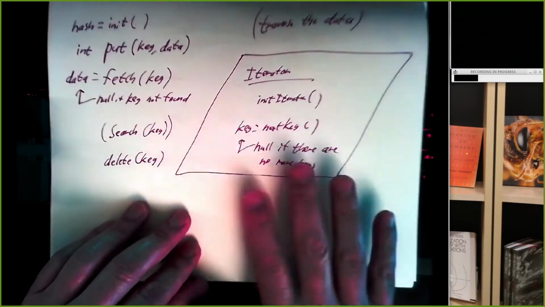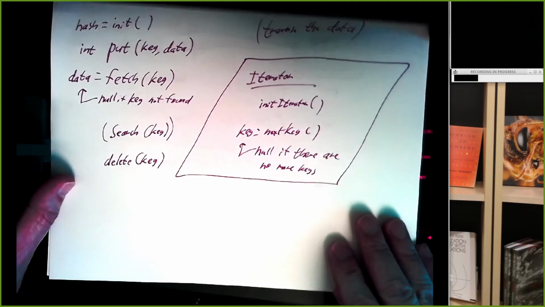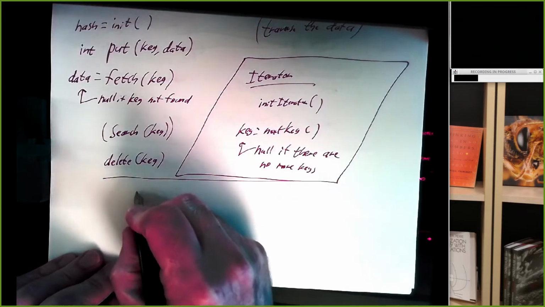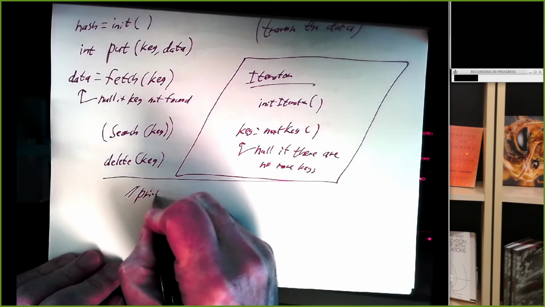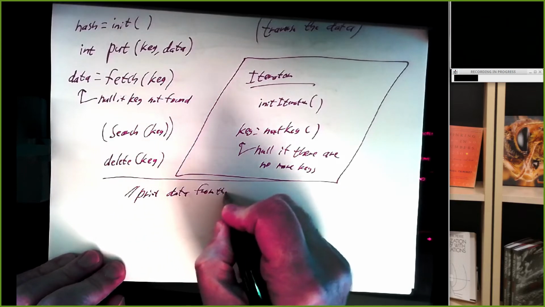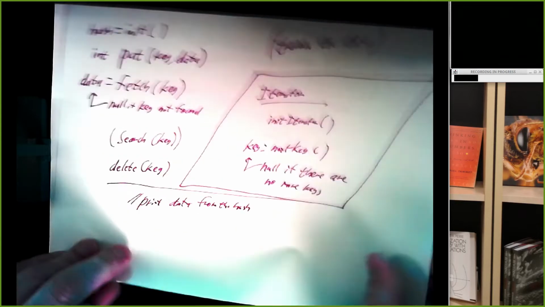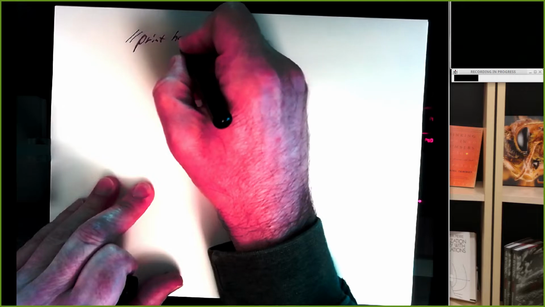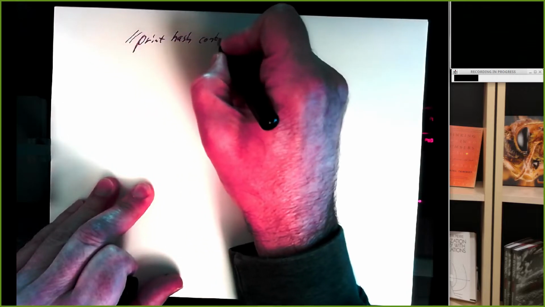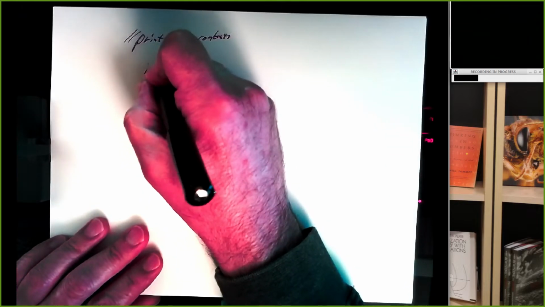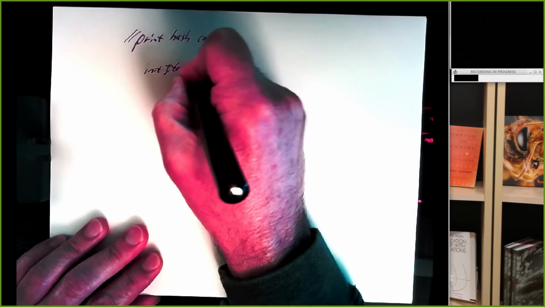All right, so an iterator is a really useful construct. So for example, if I wanted to print data from the hash, let me do this on a new sheet. Let's print the hash contents. Well, I could do something like init iterator.